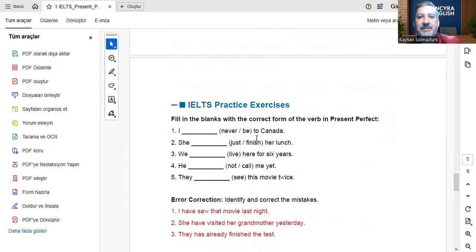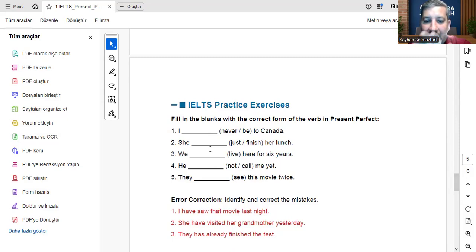So let's do it together. I will tell you the usage for each sentence, but I want you to be careful with the subject-verb agreement.